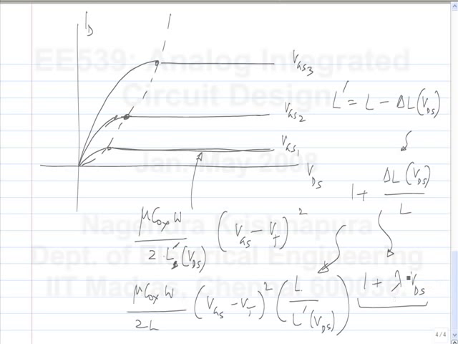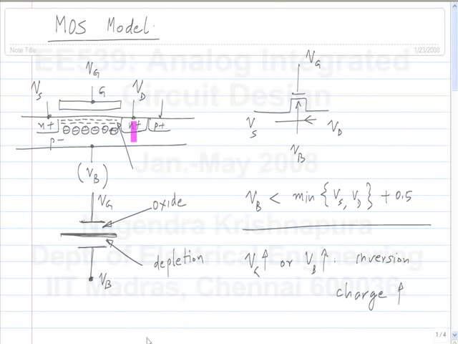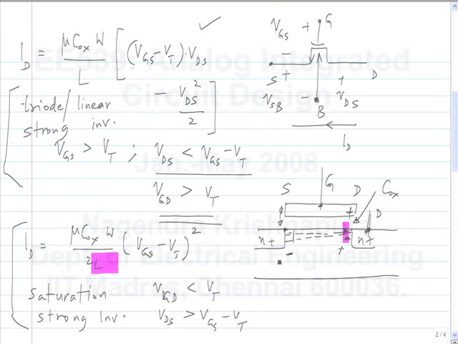And also you can see that this delta L is a function only of the drain voltage. So this lambda itself will have a 1 over L type of dependence, because regardless of how long the channel is towards this side, the amount of distance by which the pinch off point moves is dependent only on this voltage.